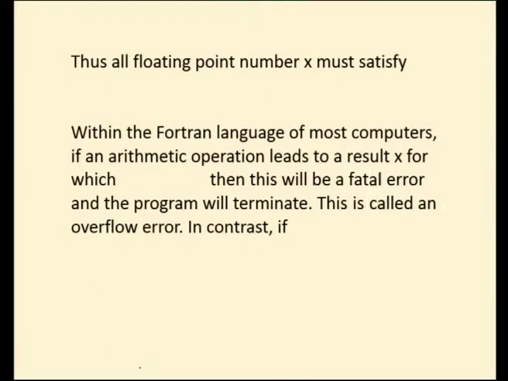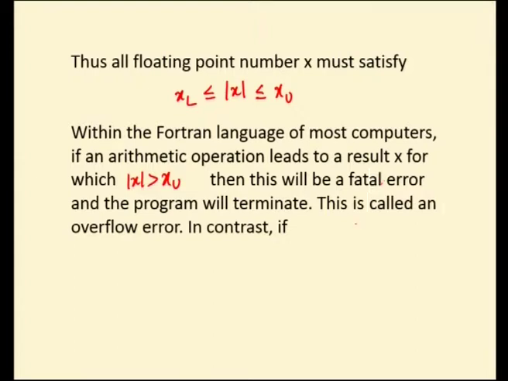Thus, all floating point numbers x must satisfy xl less than or equal to modulus of x less than or equal to xu, where xl is the smallest positive floating point number and xu is the largest floating point number. Okay. Within the Fortran language of most computers, if an arithmetic operation leads to a result x for which modulus of x is greater than xu, that is if it goes beyond the bound xu, then this will be a fatal error and the program will terminate.